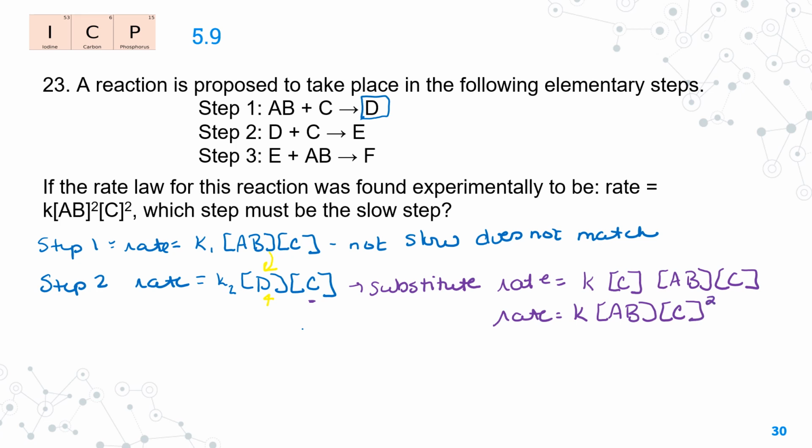So it's closer, but we're still not there because we don't have AB to the second power. So it's not step 2.